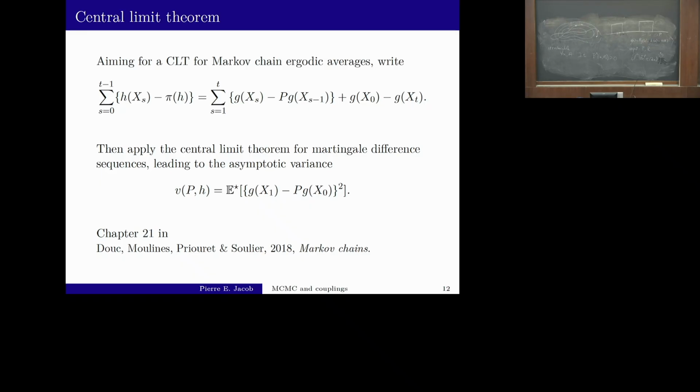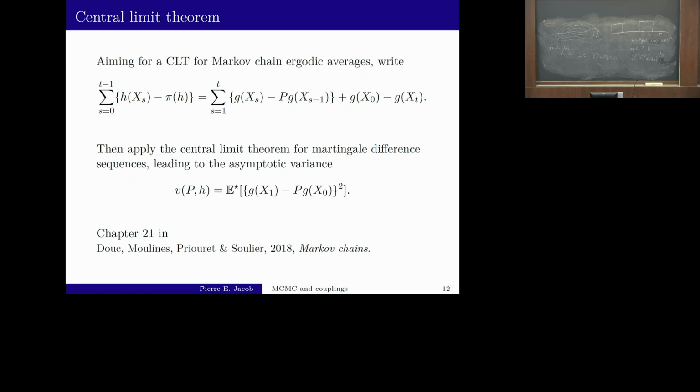But here I did a trick. On top of writing g minus pg for every xs, I also introduced a little lag. So I removed the last term and added the first term. So I have a one-time difference here. So this is assuming there's a Fishy function and doing this trick.